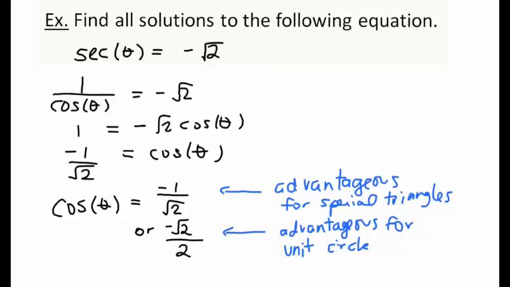Well, it turns out that the first expression that we have, negative 1 over square root of 2, is more advantageous for us to use if we want to work with the 2 special triangles. It also turns out that negative root 2 over 2 is more advantageous to us if we want to use the unit circle.